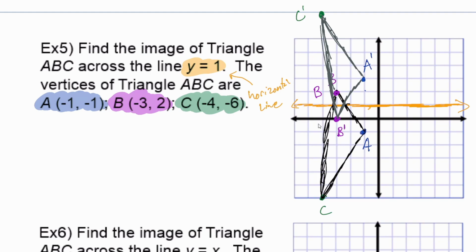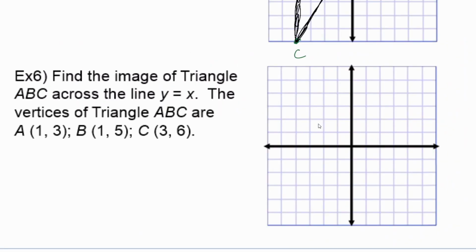Okay, so I have successfully reflected across my horizontal line. And again, when my line is horizontal, I'm looking at the vertical distance to that line and making sure it's the same on either side. So I have a distance of 1 for B, 2 for A, and then 7 for C.